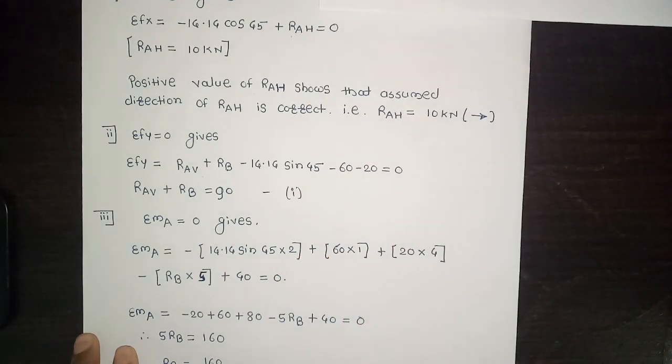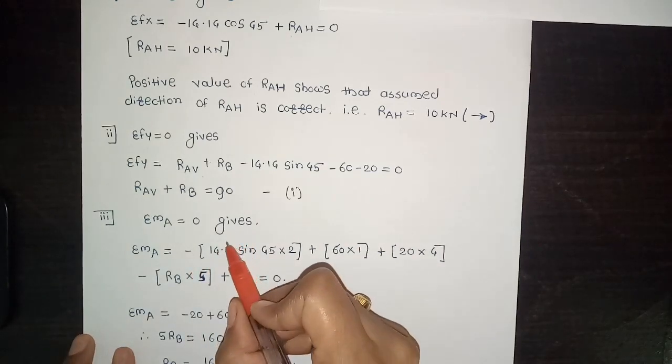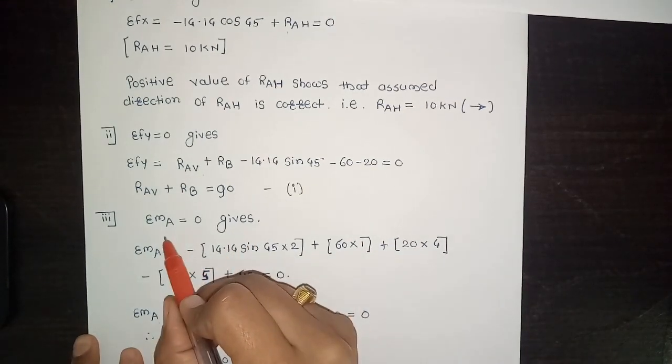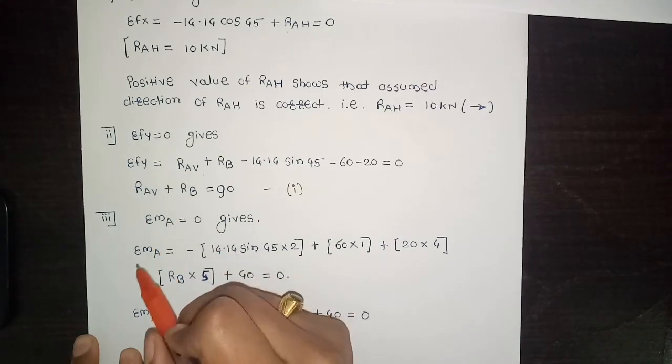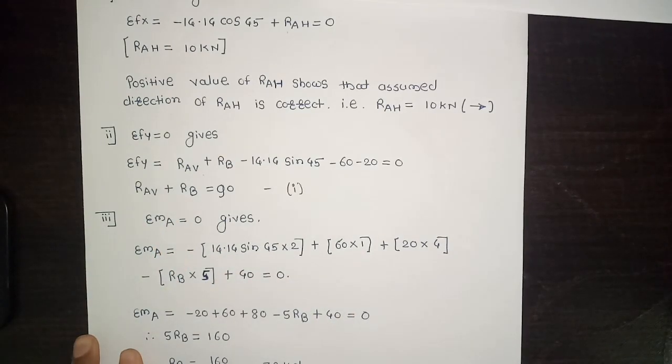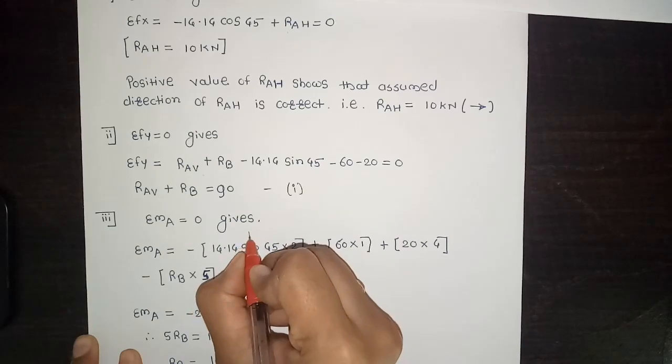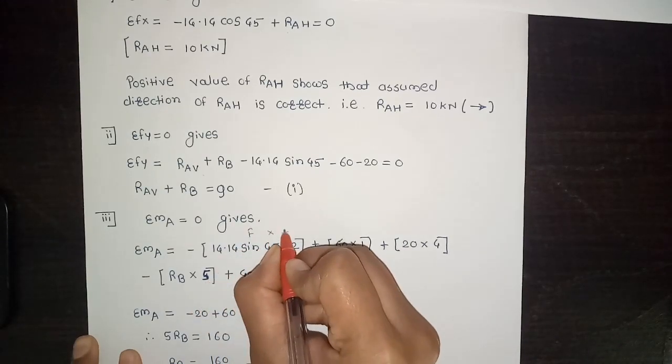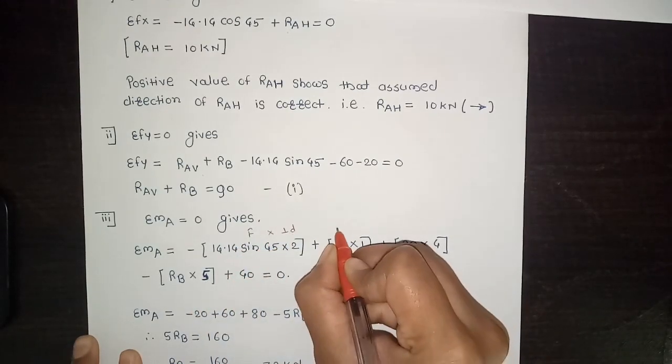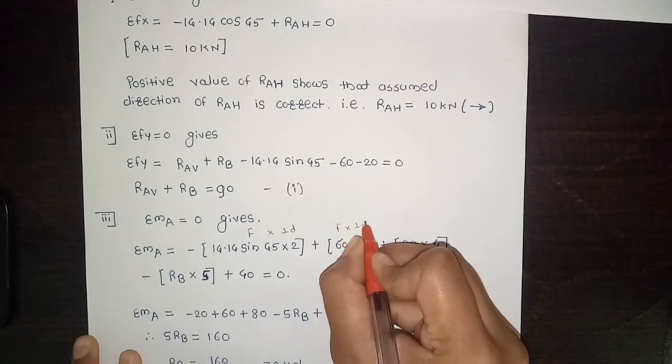Then summation moment at point A is equal to 0. What is the meaning of moment? Moment is calculated by the formula force into perpendicular distance. So this is force into perpendicular distance.